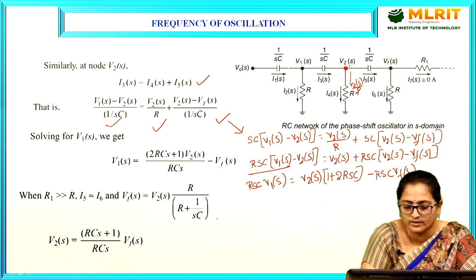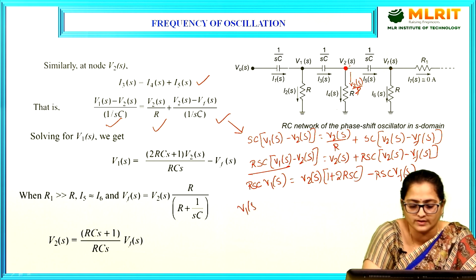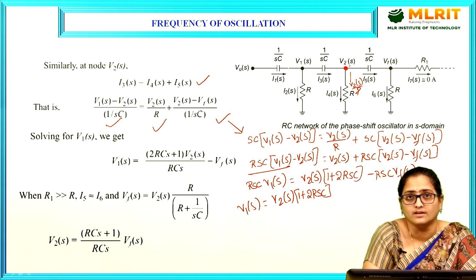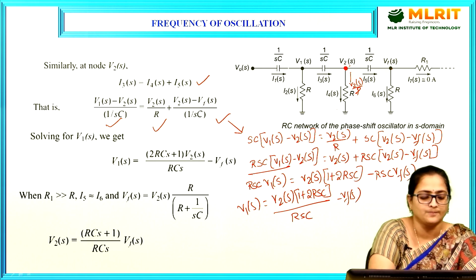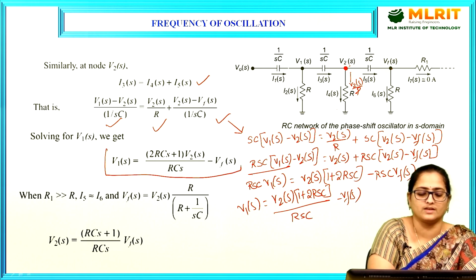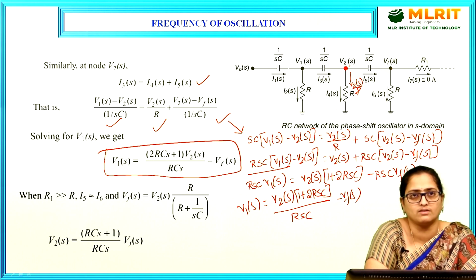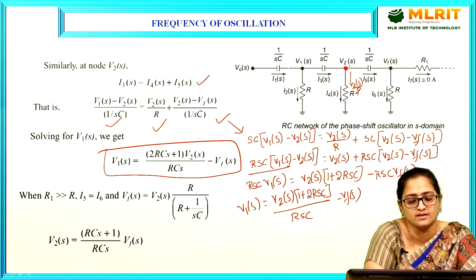So you can write V1(s) is equal to (2RsC plus 1) into V2(s) divided by RsC, minus Vf(s).